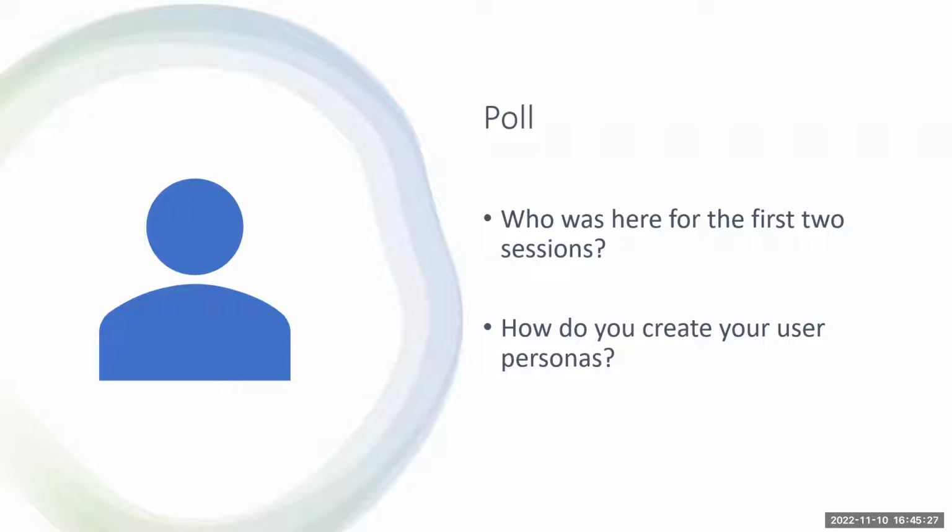Okay, so I create user personas through a variety of ways, but primarily I'm looking at behaviors and trying to understand through qualitative research their motivations, challenges, pain points, and things of that nature.